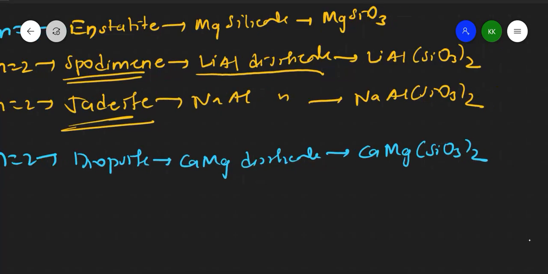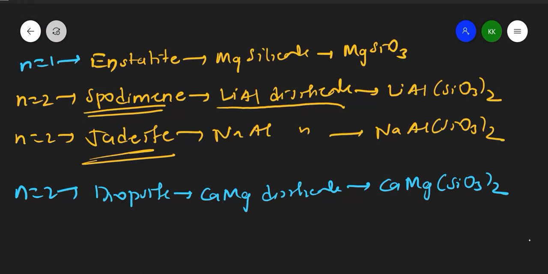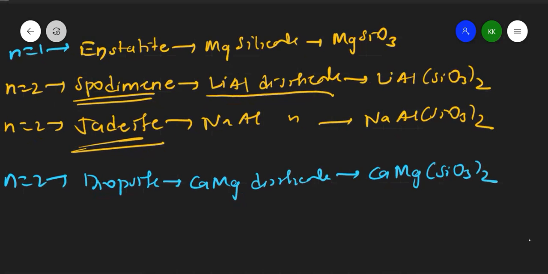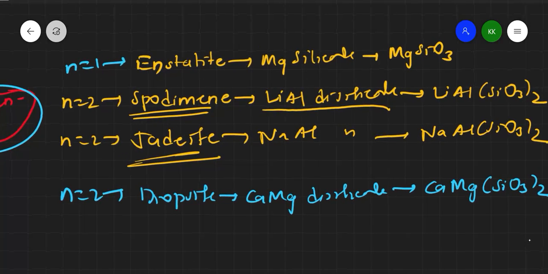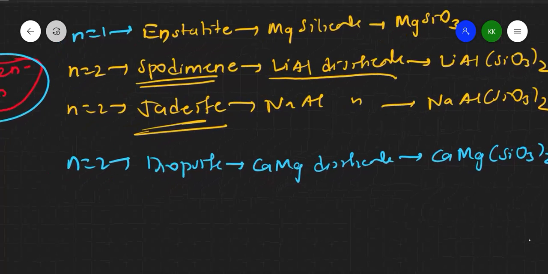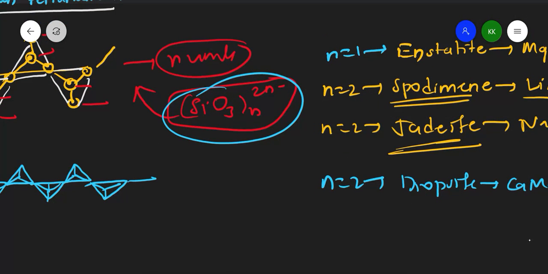These are the minerals we can call chain silicates, which are available in the earth's crust, in the form of soil and rock. These are the examples, and you can remember any two. In the next class, let us see sheet silicates and their general formula.